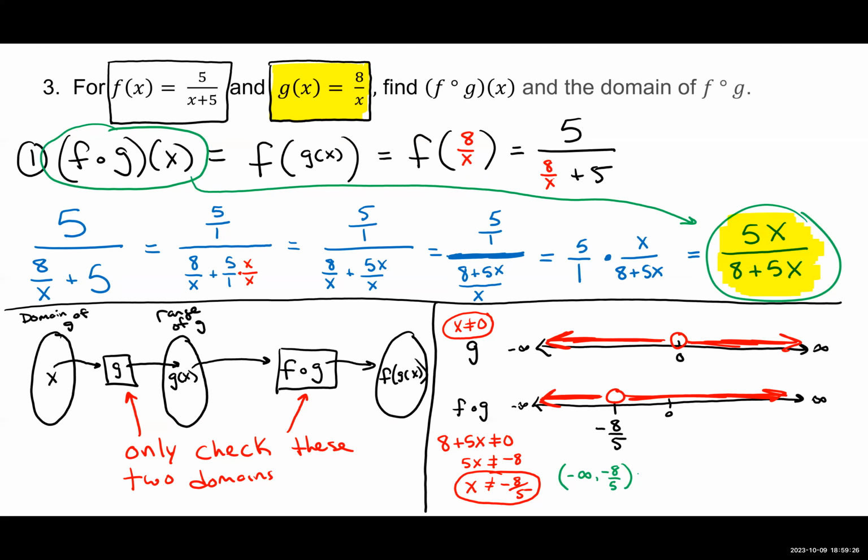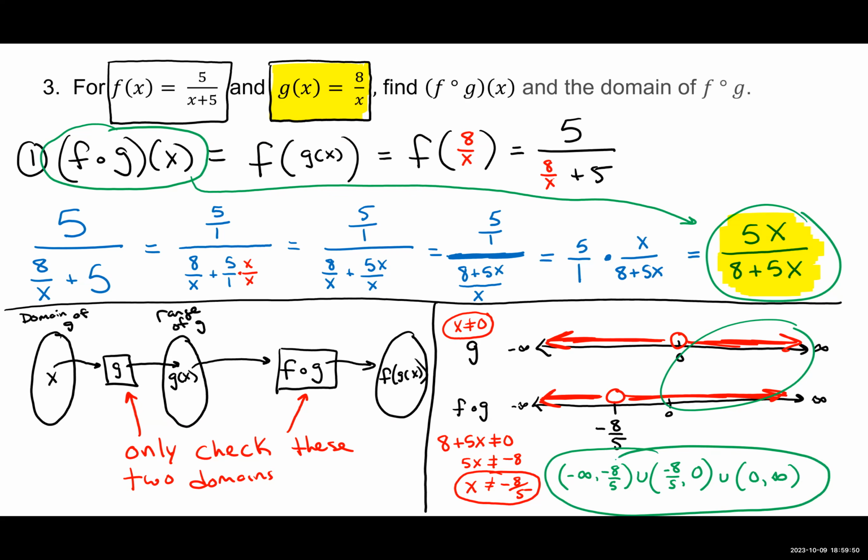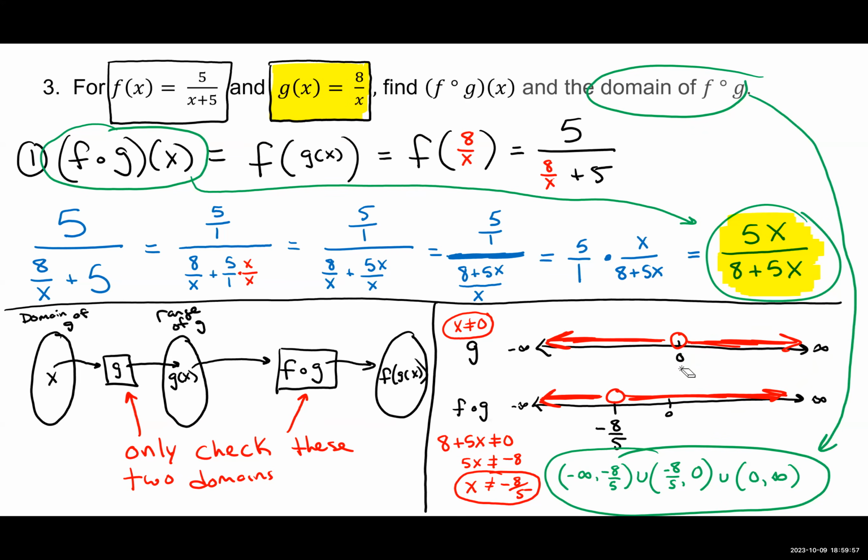Negative 8 over 5 is off limits, so that's out. Then we could look at all the numbers in between, negative 8 over 5 up to 0, but not including 0. Then we can look at all the numbers to the right of 0, 0 to infinity. So this would be the domain of f of g of x.